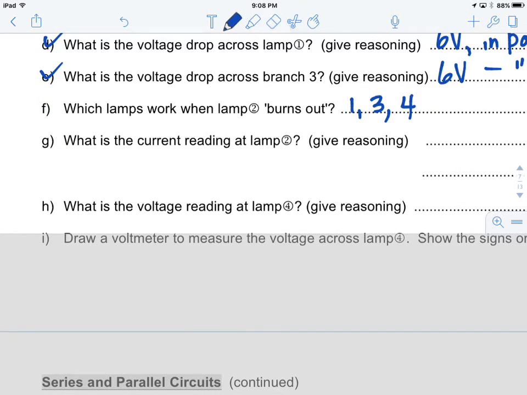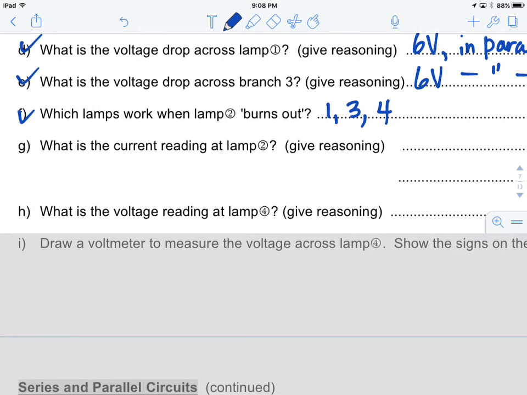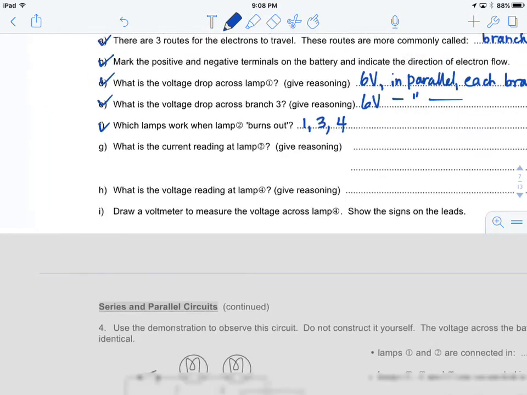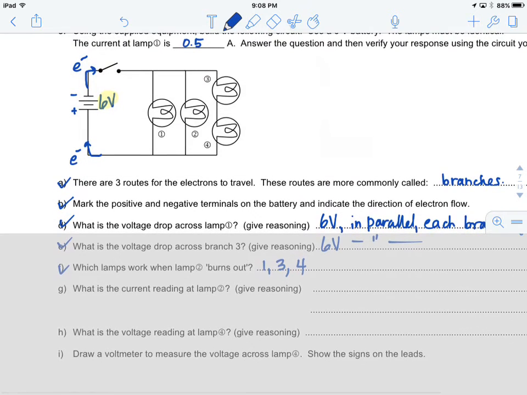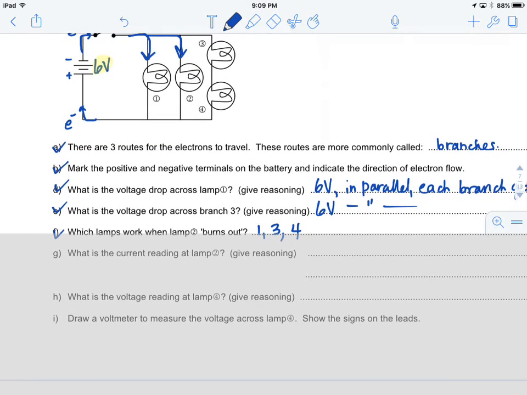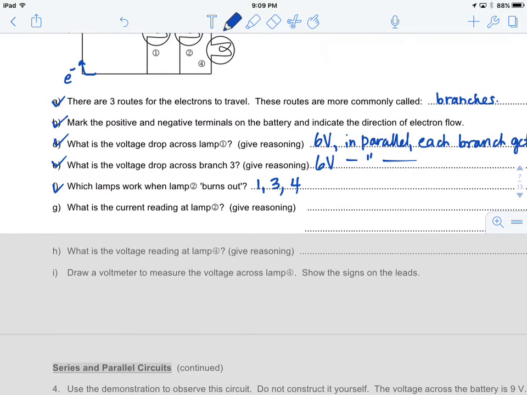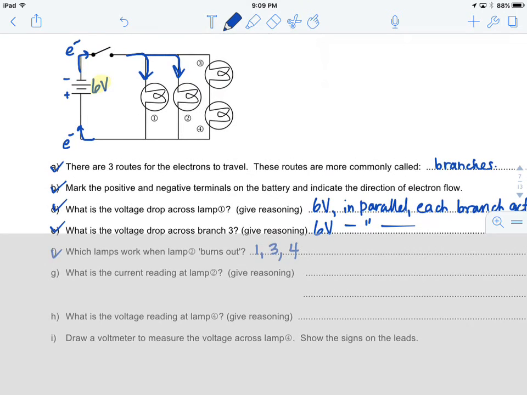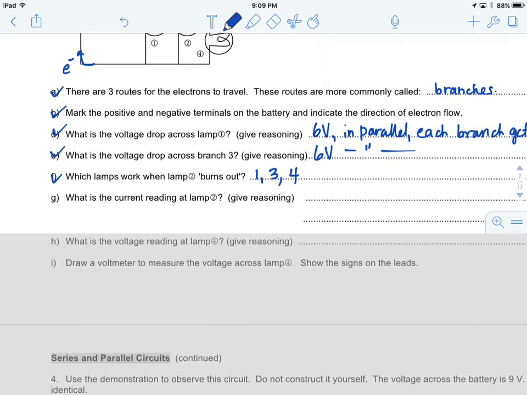So now we say, okay, what is the current reading at lamp number 2? We know that the current at lamp 1 was 0.5. So now we can determine, what's the current reading at lamp 2? And this is where things for many people get a little bit dicey. If we use the exact same lamp as we used in lamp 1, it's going to have the exact same current.